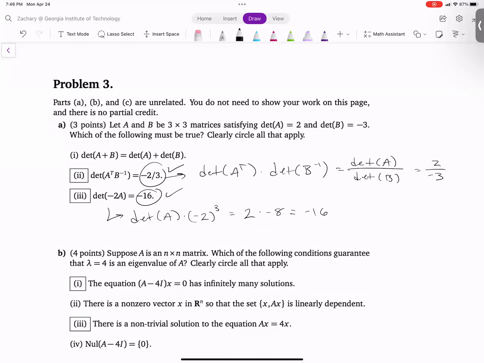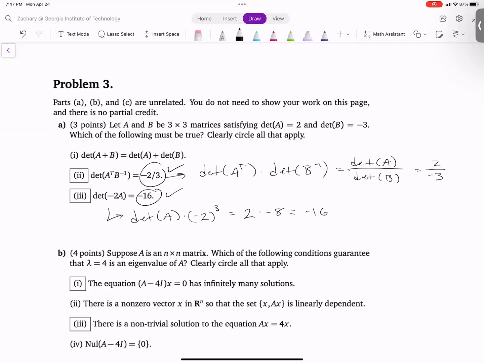There are two big things that determinants determine: invertibility, and whether you have an eigenvalue of 0. If your determinant is 0, you are not invertible.